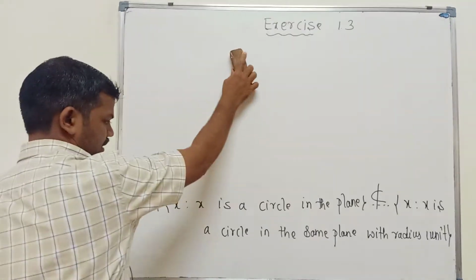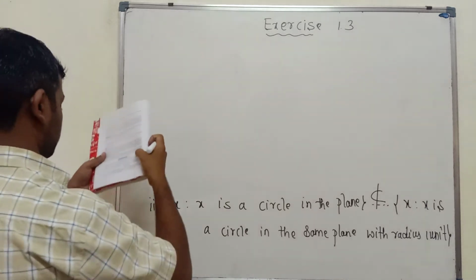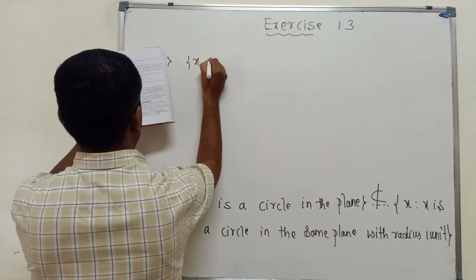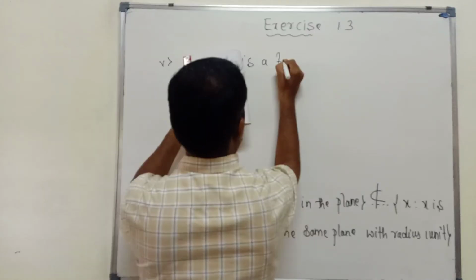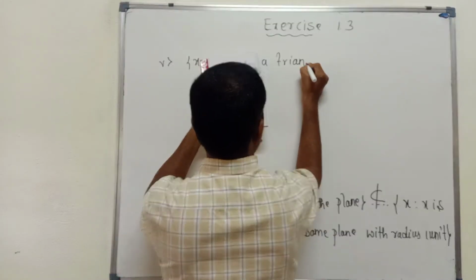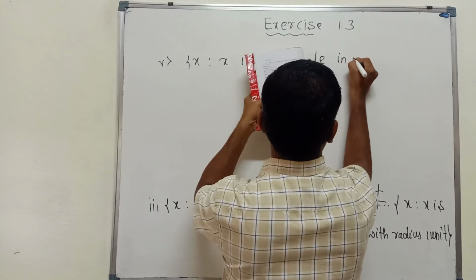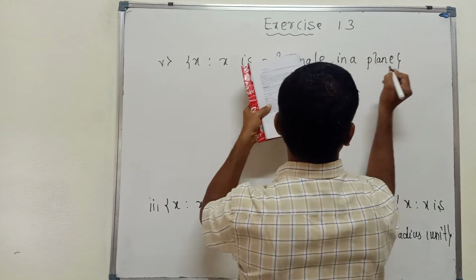So next, the fifth one. X such that X is a triangle in a plane.